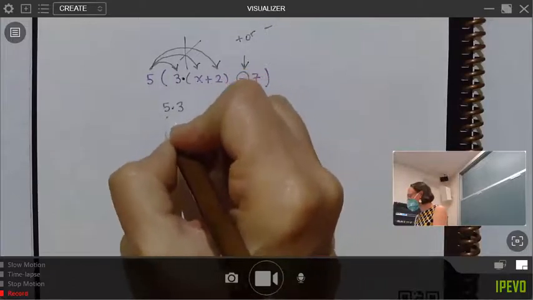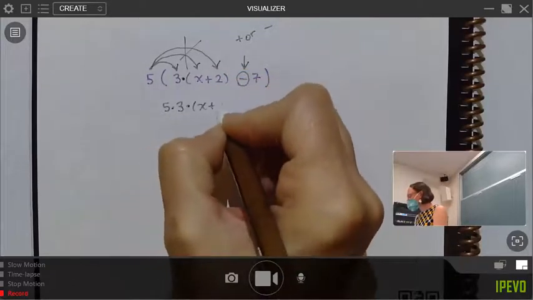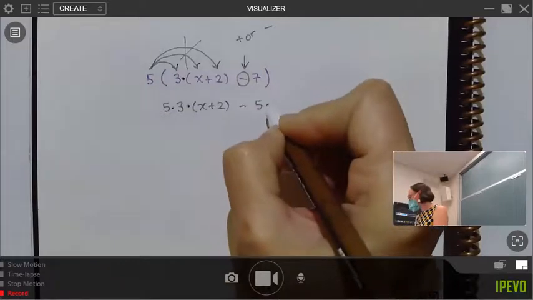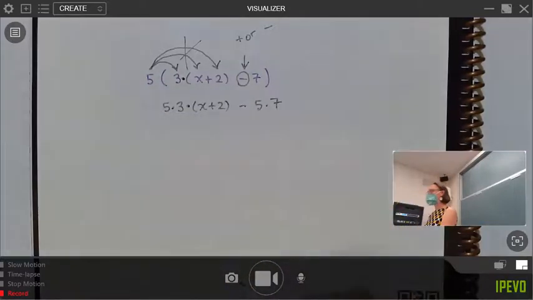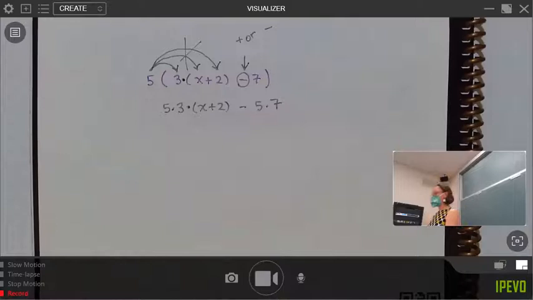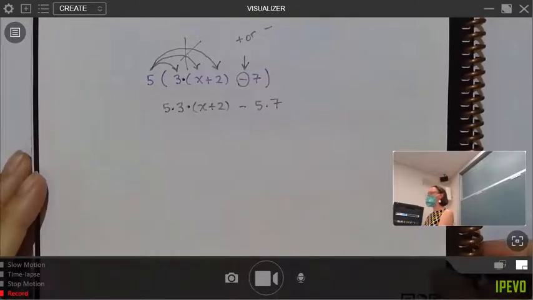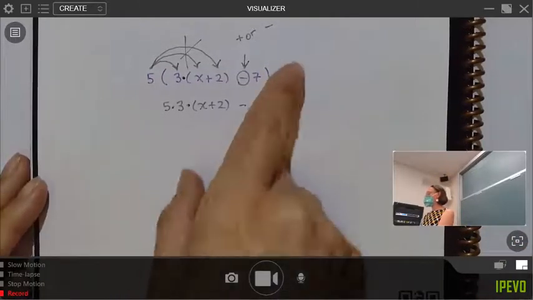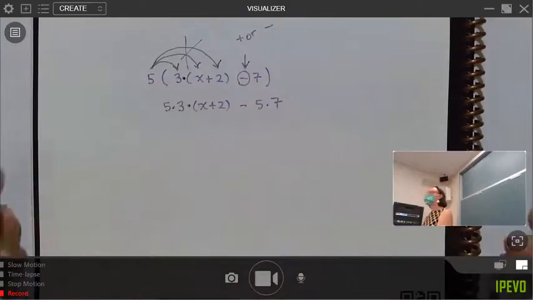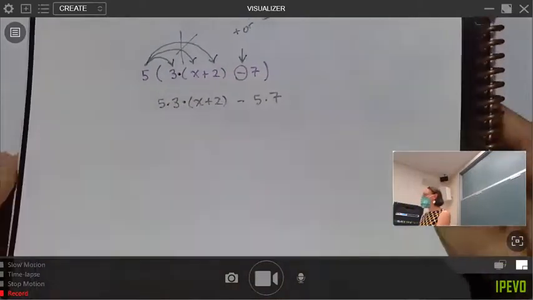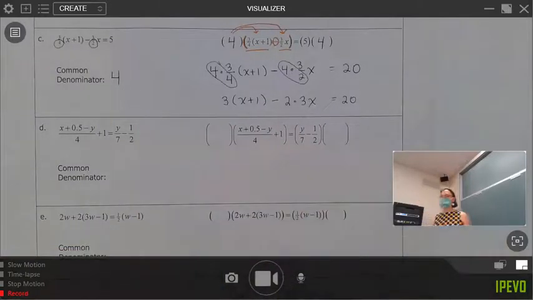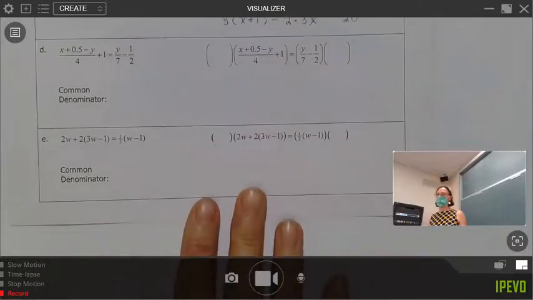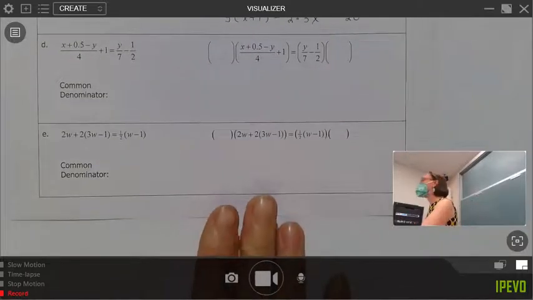This is just going to become 5 times 3 times x plus 2, and then minus 5 times 7. Just wanted to pause to point that out, because I think sometimes this visually interferes with the whole idea of multiplying through to get rid of fractions, because I think those parentheses kind of visually interfere with our lives.